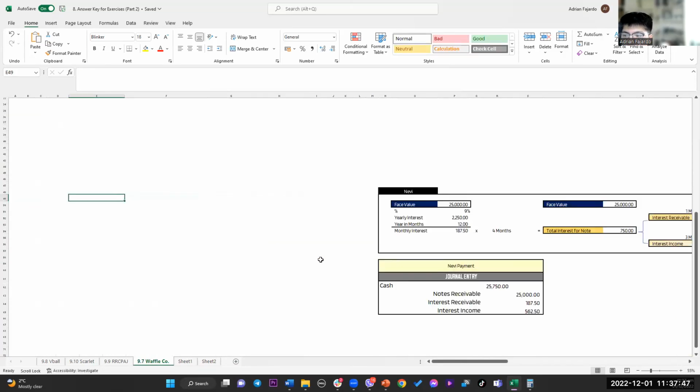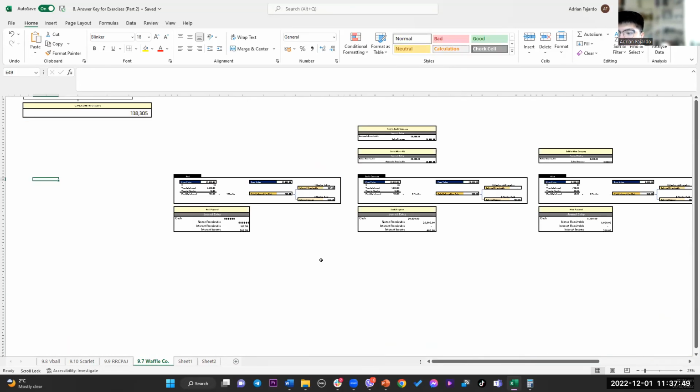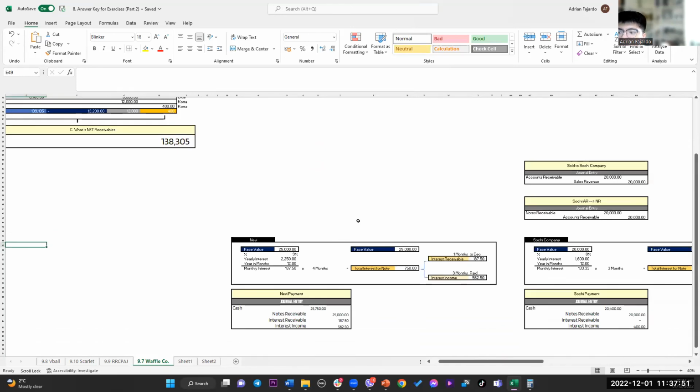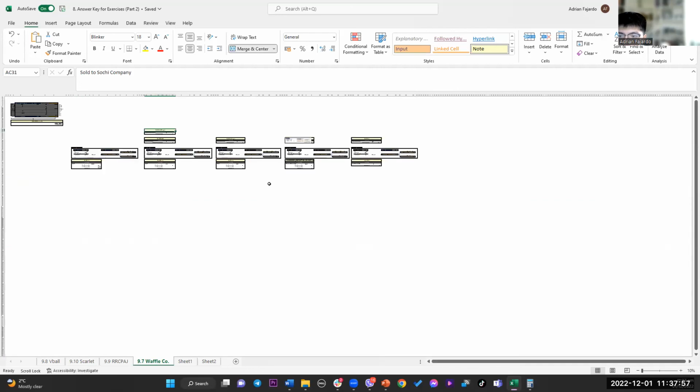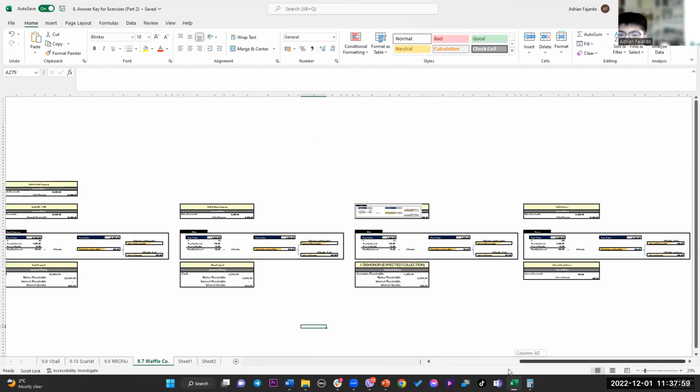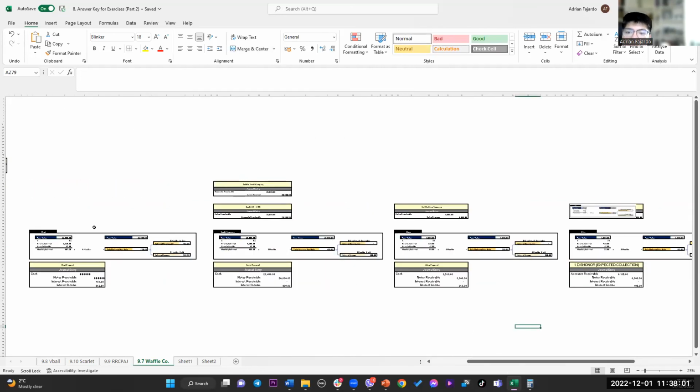Right? And then, as promised, this is also the journal entries. Another way of solving for the comprehensive problem is, I did it chronologically, pero I had separate papers. So, nauna to, and then pumunta ako dito.